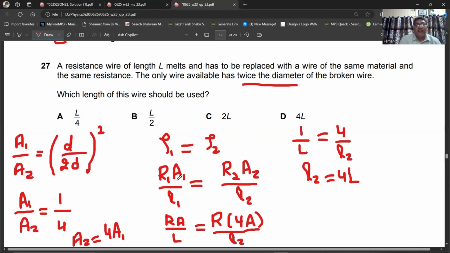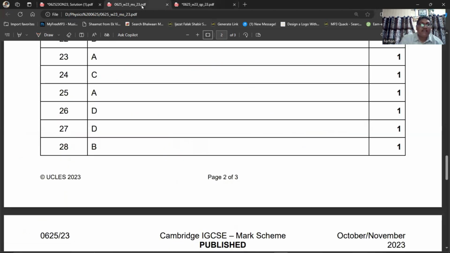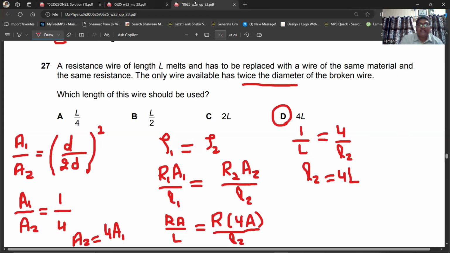R1 is R, area 1 is A, length 1 is L. R2 is the same resistance. The area 2 is 4 times the area 1, 4A, and L2 is the question. So A and A cancel, R and R cancel. So L2 will be equal to 4 times the length of the first wire. So the answer is 4L. It's a very tricky question. Question number 27, D is the right answer, sir.